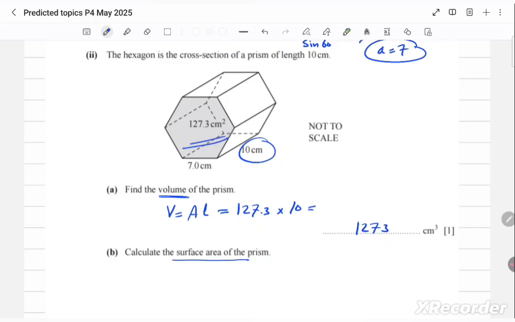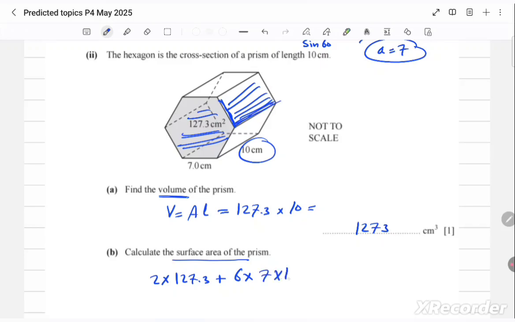We have the area of the hexagon, and the same on the other side behind, so I multiply by 2: 2 times 127.3. Plus we have rectangles. How many rectangles? We have 6 rectangles, and each rectangle is 7 times 10.